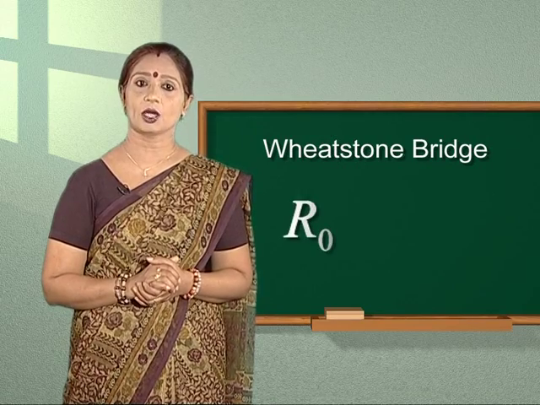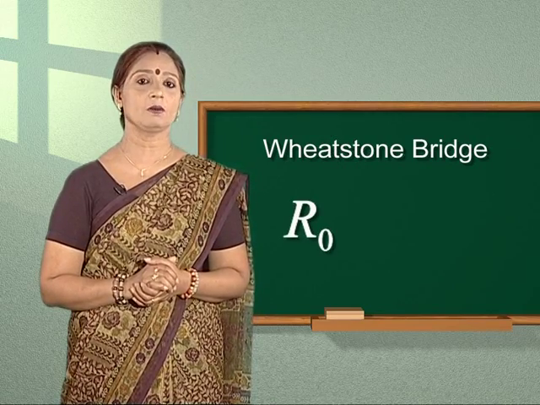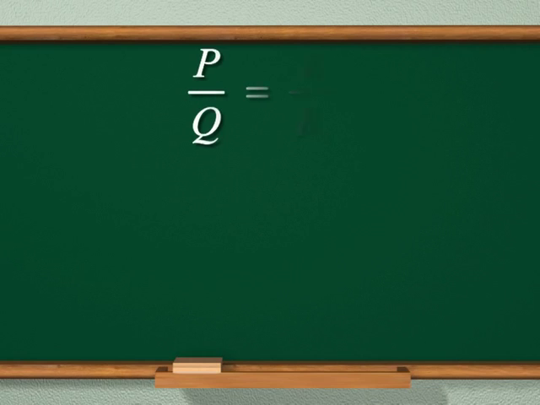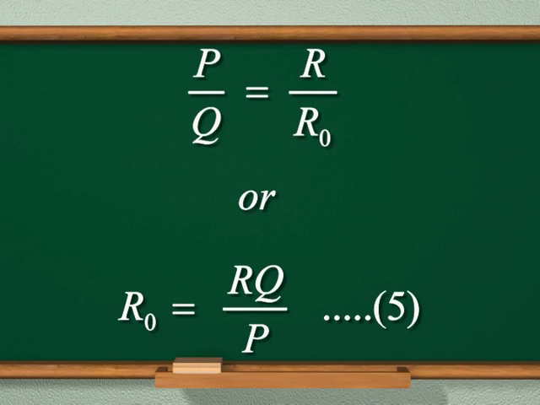If R0 is the resistance of platinum wire at 0 degrees Celsius, then P upon Q is equal to R upon R0, or R0 can be written as equal to RQ upon P. Let us name this as equation 5.